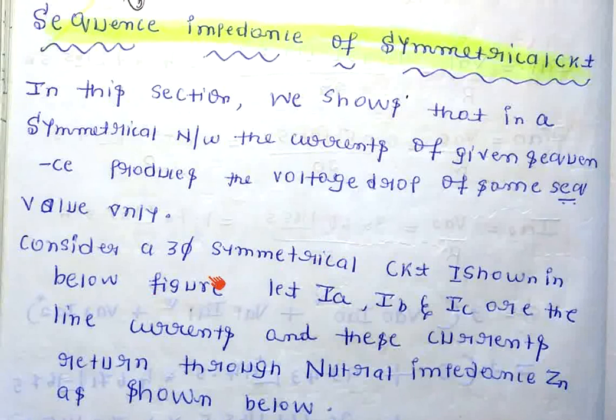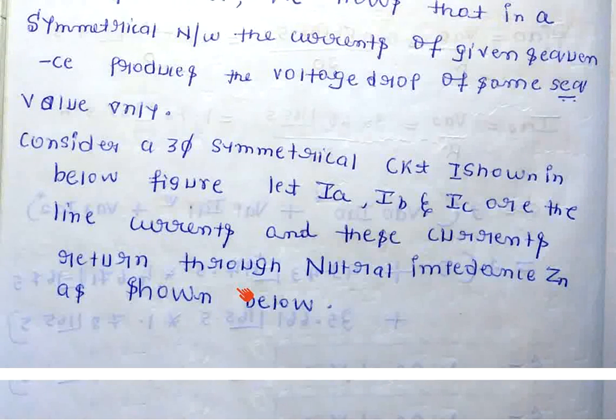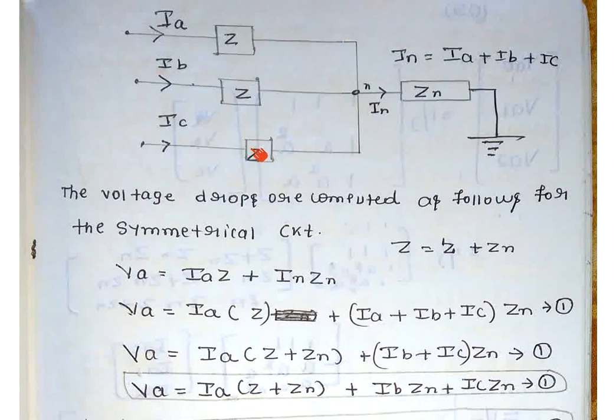Now, consider a three-phase symmetrical circuit. That means your RYB or ABC have the same magnitude and the same configuration.